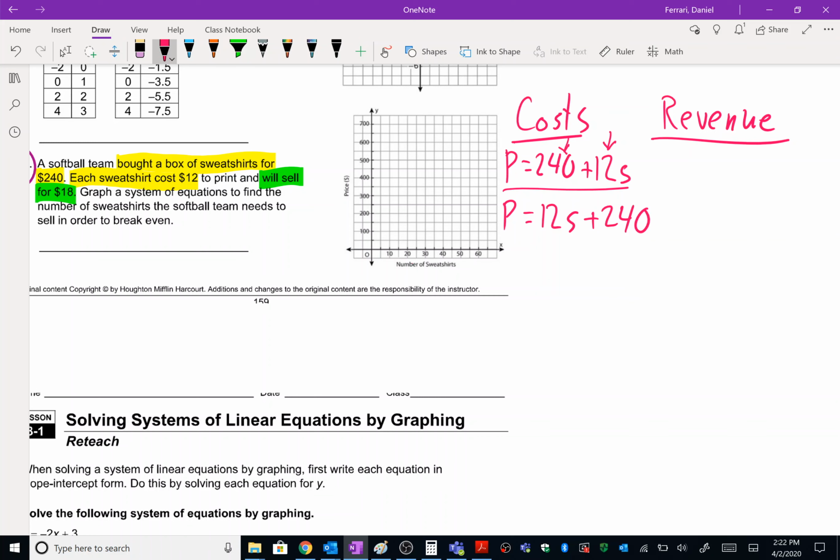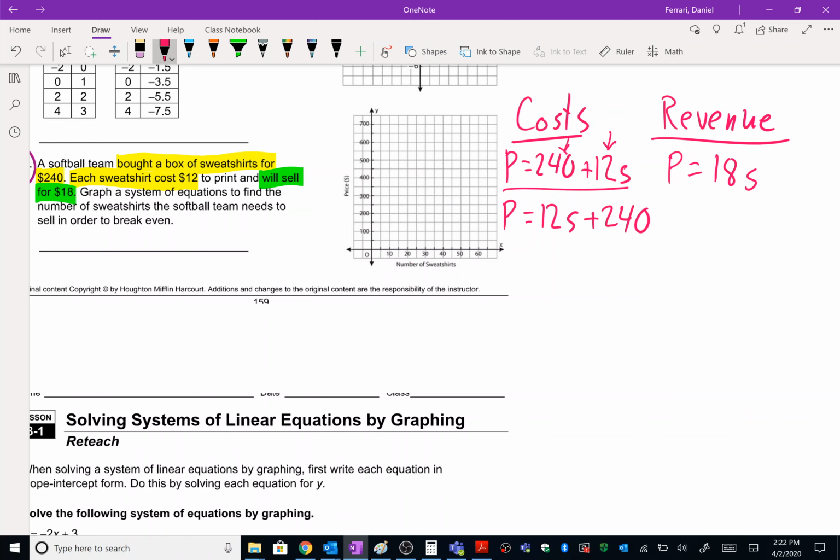So that means the price that we get back is going to be $18 times the number of sweatshirts, because for every sweatshirt we sell, we make $18. If I sell 10 sweatshirts, that's 18 times 10, or $180. So this equation is also already in slope-intercept form.